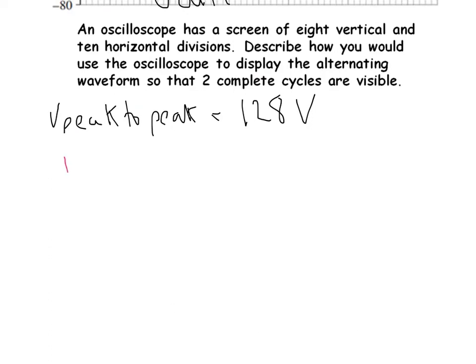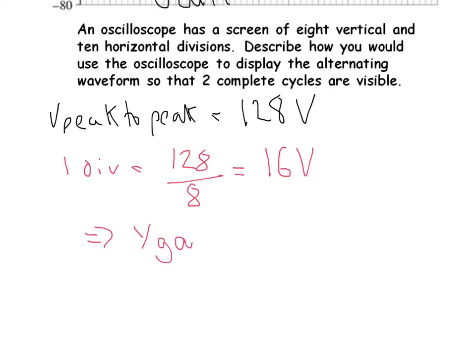So one division would be equal to 128 divided by 8 divisions, which gives you 16 volts. So your Y gain will be 16 volts per division to fit onto the screen.